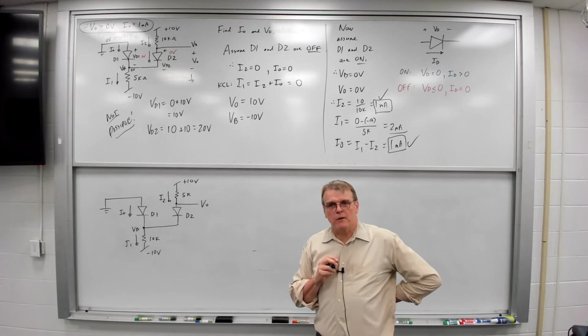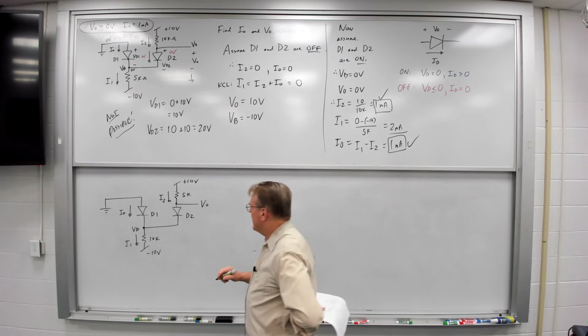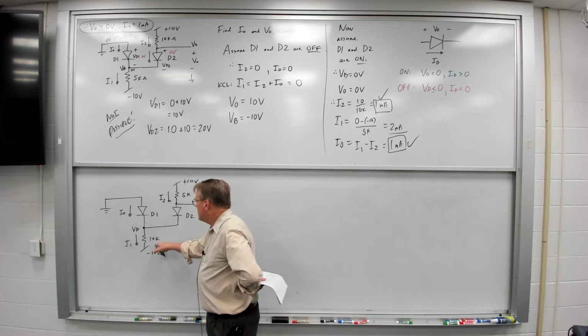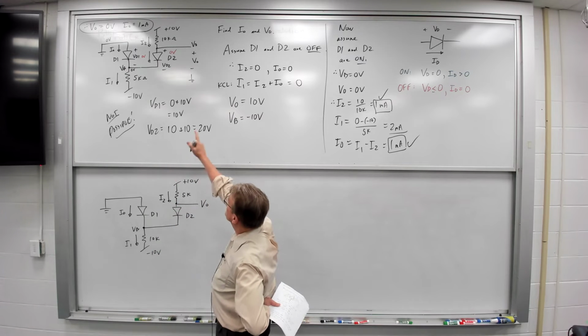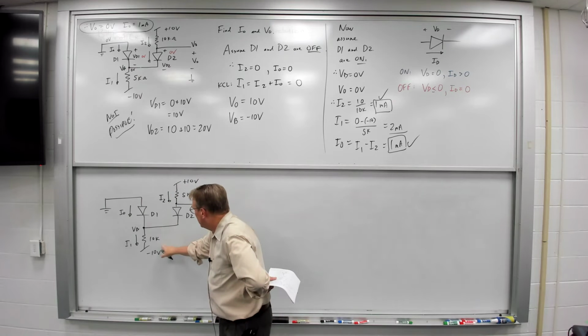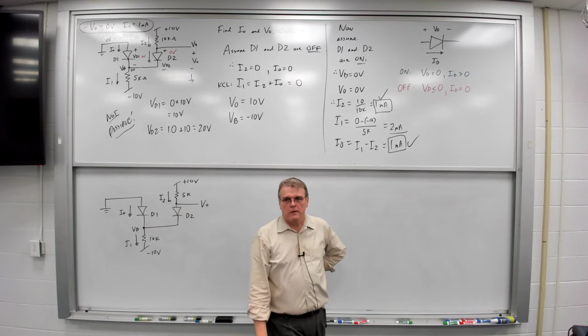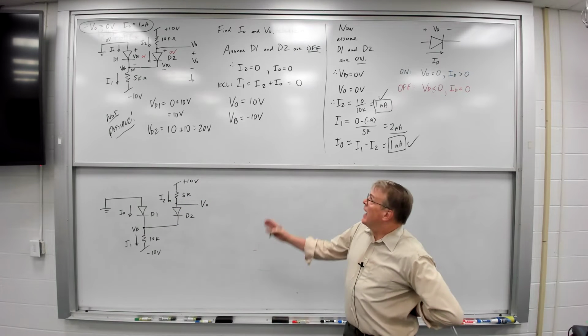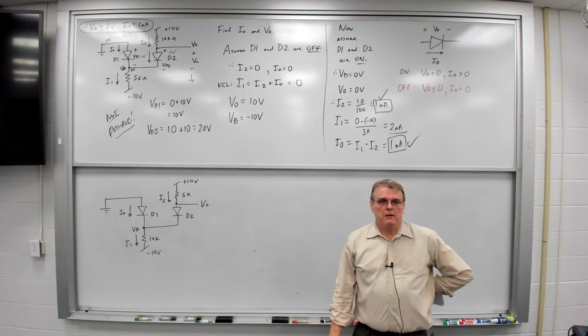I'm redrawing the circuit, and in this case, I am swapping the two resistors. So the 10K and the 5K are now swapped in their position in the circuit. And once again, I want to calculate what I just did here.